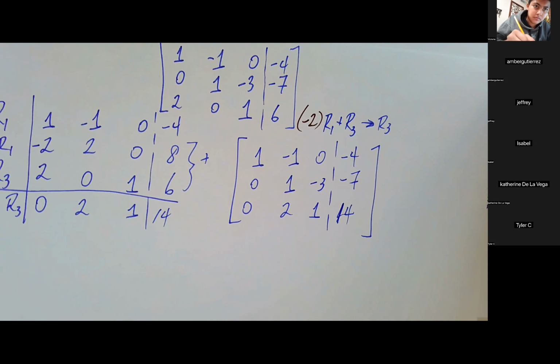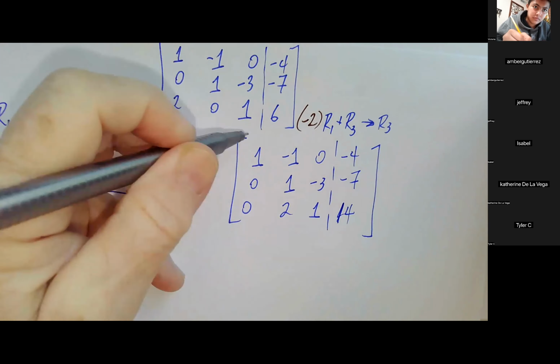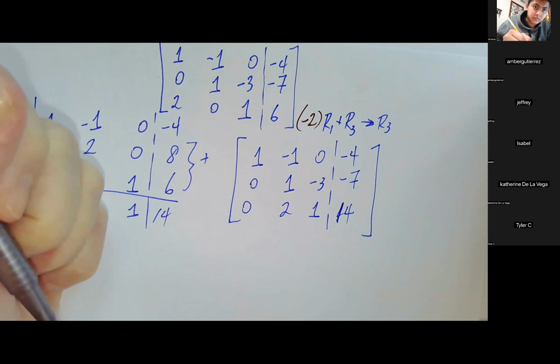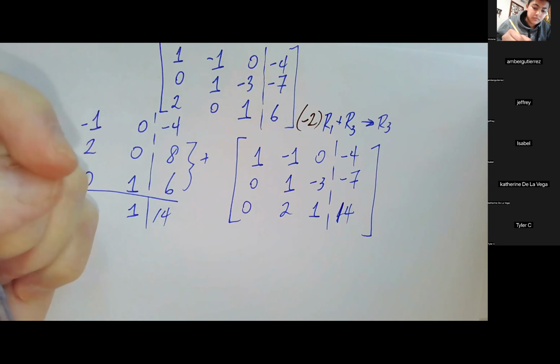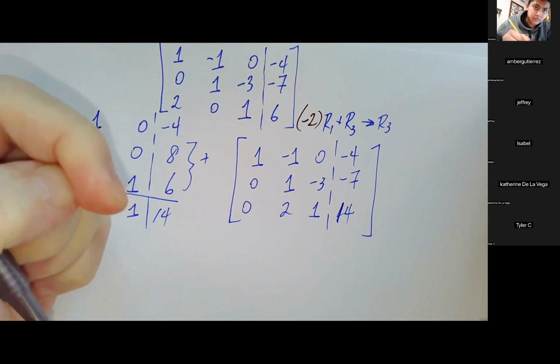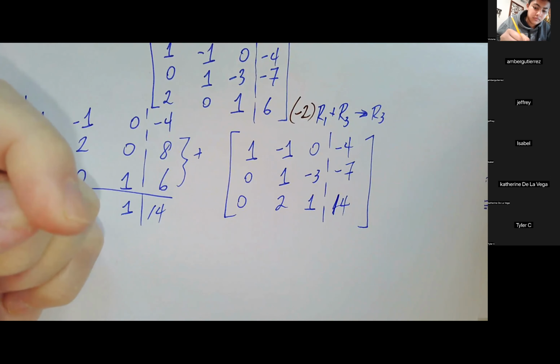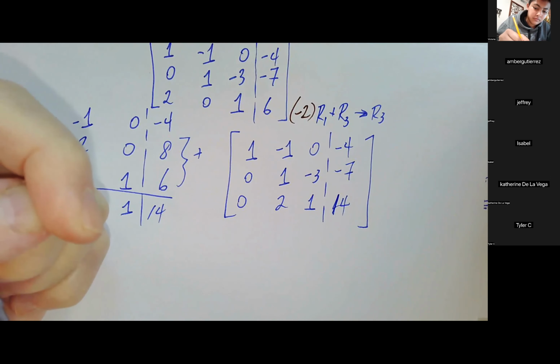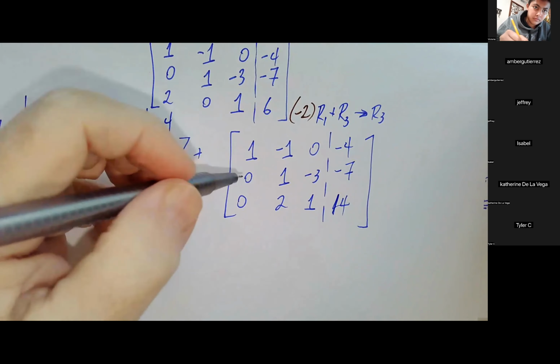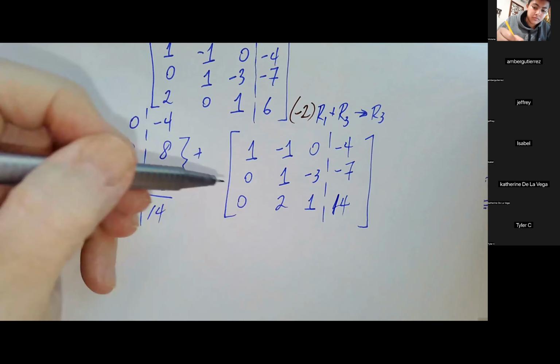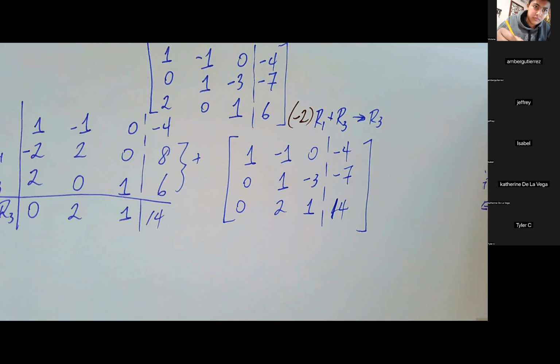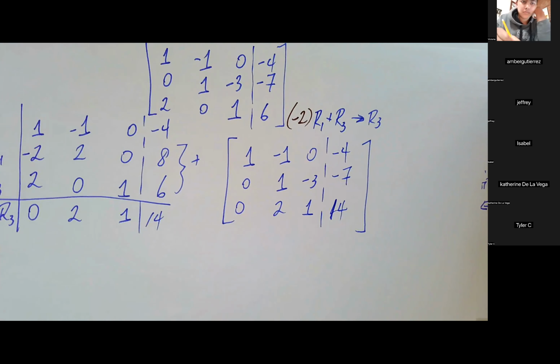What would normally be the next step after we finish column 1? What's the first thing that we always do in any column? What's the first thing that we do in any column?